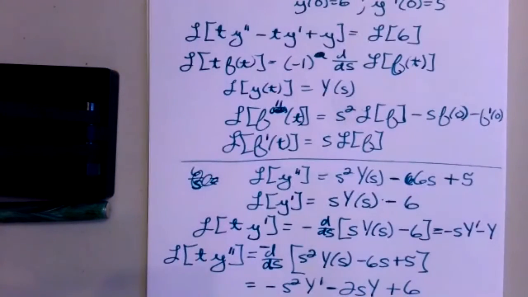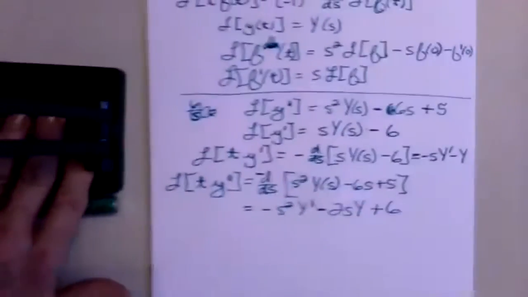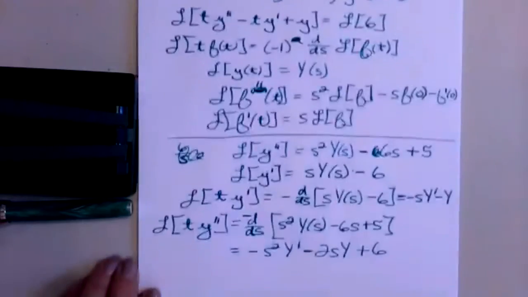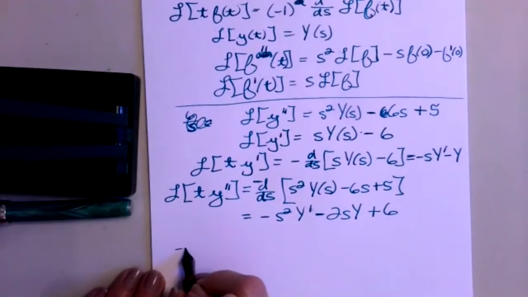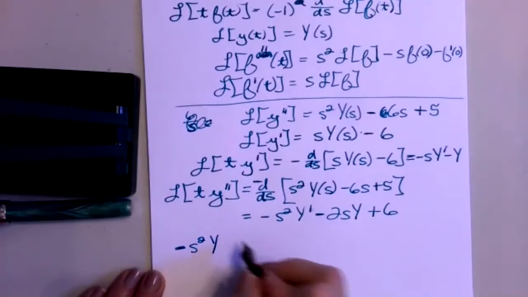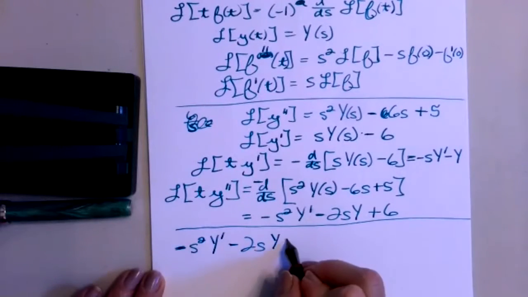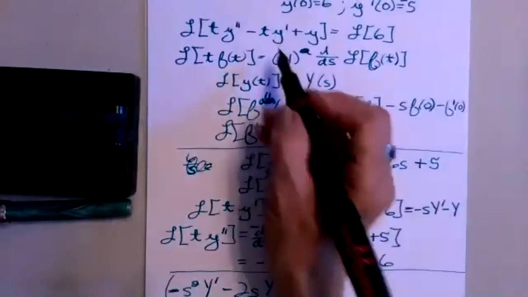So the Laplace transform of t y double prime gives me a minus s squared Y prime minus 2sY plus 6, minus the Laplace transform of t y prime.